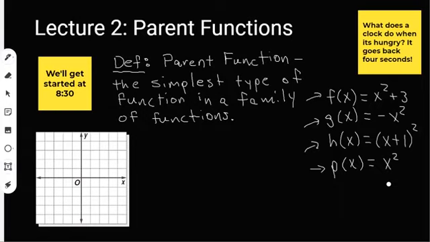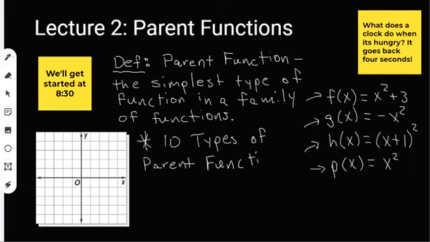So there are 10 types of parent functions that I want to talk about today. Let me put a star by this. Whenever I put a star by something, it's just a note that you need to know. There are 10 types of parent functions, or 10 categorizations, something like that, and we're going to talk about all 10 today.